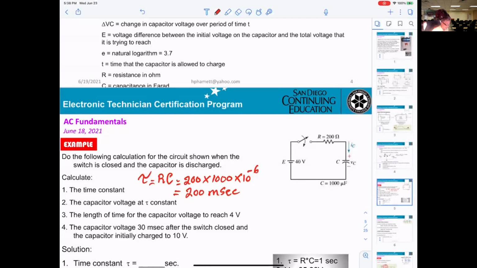Okay, and the capacitor voltage at the time constant. What we see at the time constant, VC will be equal to 63.2% of the maximum voltage.